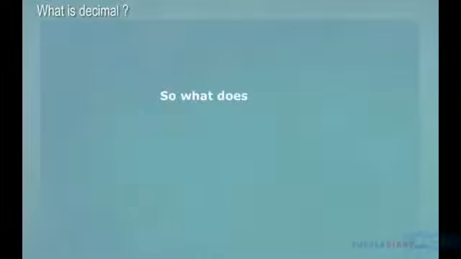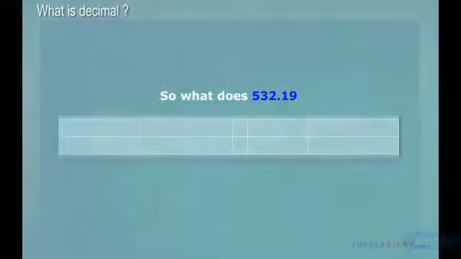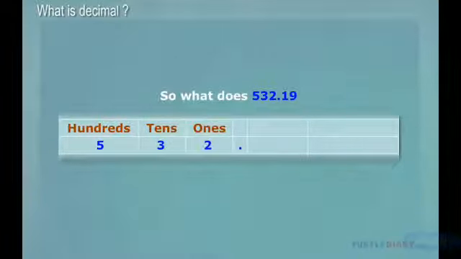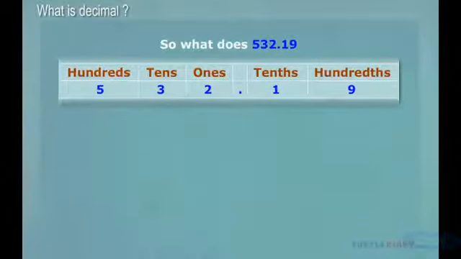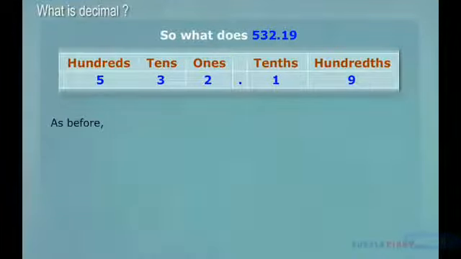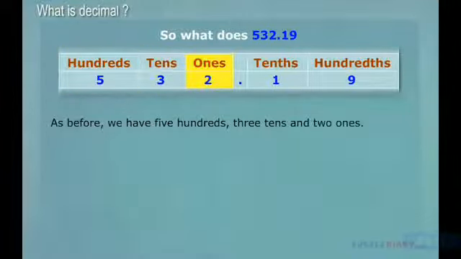So, what does 532.19 mean? As before, we have 5 hundreds, 3 tens, and 2 ones.